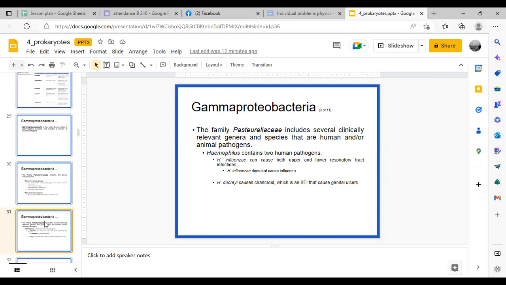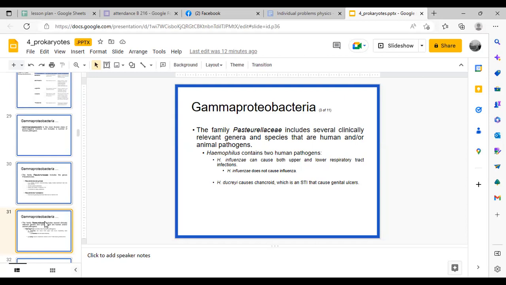So this is not related to influenza, by the way. Okay, so do not confuse influenza with H. influenzae. So this can cause upper and lower respiratory tract infection.